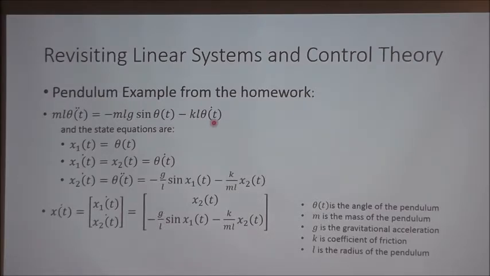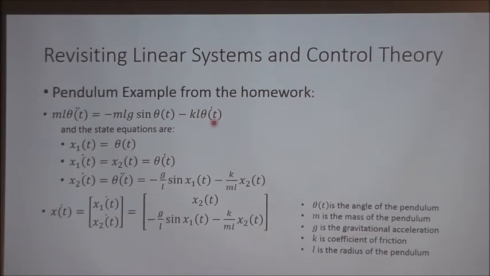And here my theta of t is x1. If I take its derivative, it should be my x2 of t, which is theta dot of t, right? And then if I take a derivative of x2, I have theta double dot. Now I just have to rewrite my state space equation. x dot equals x1 dot, x2 dot.